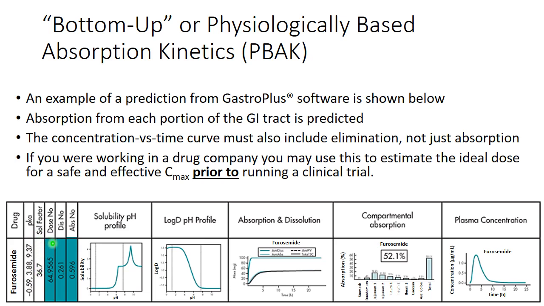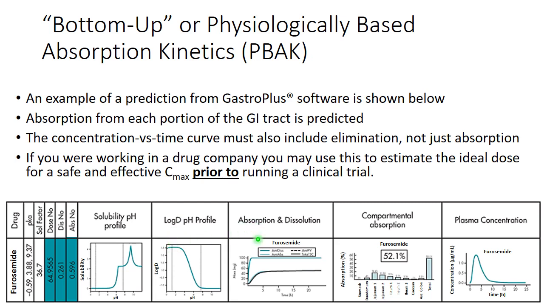In this example, it must have a patient population with multiple doses, so dose number, and I don't know what all these mean, but the whole point is that it's going to generate a lot of predictions for you. The solubility at different pHs for the drug. Log D is basically like log P. It's very similar to log P, so the higher the log D, the more diffusion, the more lipophilic.